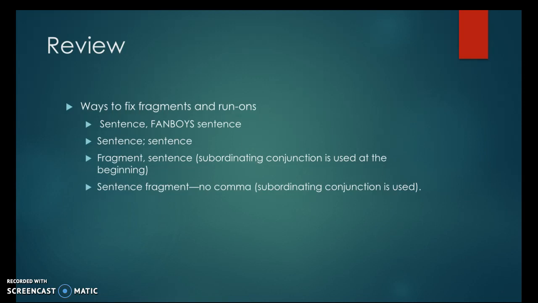You might have a sentence followed by a semicolon and another sentence. You might, if you're using a subordinating conjunction at the beginning, have a fragment followed by a comma and then a sentence. Or you also might have a sentence followed by a fragment, which means no comma, because a subordinating conjunction is being used in the middle of the sentence.